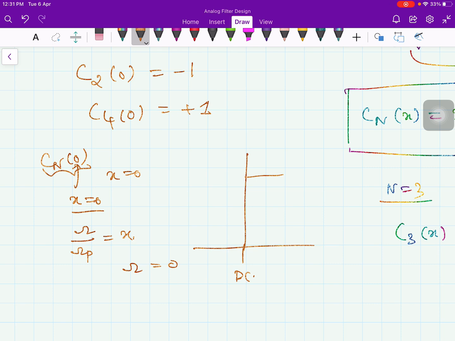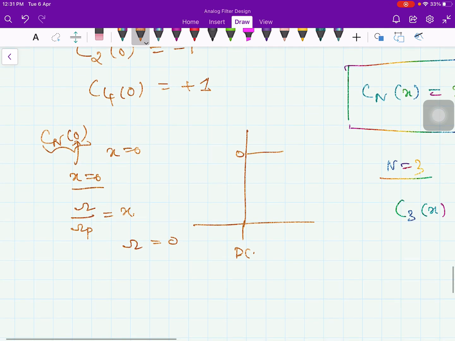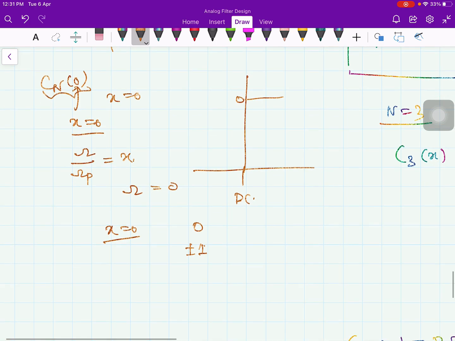The value is either 0 or plus 1 or minus 1, depending on whether capital N is odd or even. So when x equals 0, the Chebyshev polynomial will be either 0 or plus or minus 1. Now a picture is a better indicator of this property.